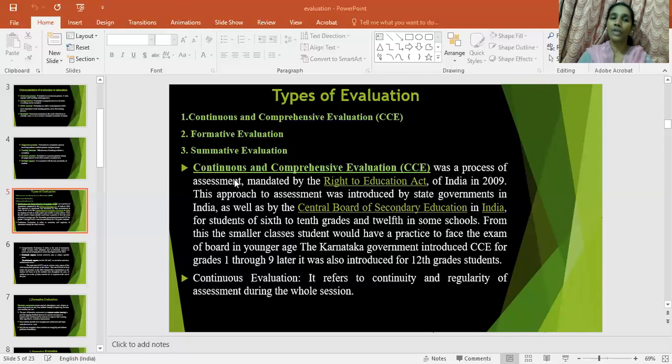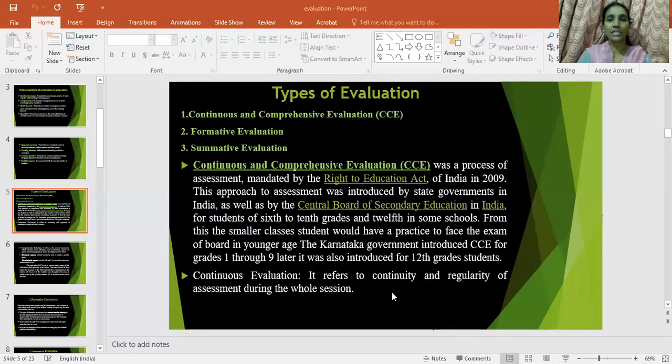Now we'll discuss what is continuous and comprehensive evaluation. As the name suggests, continuous evaluation refers to the continuation of evaluation, means continuity and regularity of assessment during the whole session or throughout the academic year. We have to judge or evaluate our learner.